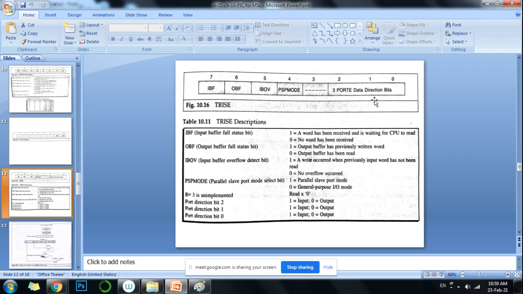They are used to decide whether the port E bits will be input bits or output bits, because port E is only a 3-bit port, so only 3 bits of this register are used for that purpose. That is the usual function of the TRIS register, but the remaining bits, particularly the upper 4 bits, are used for this PSP mode of operation.